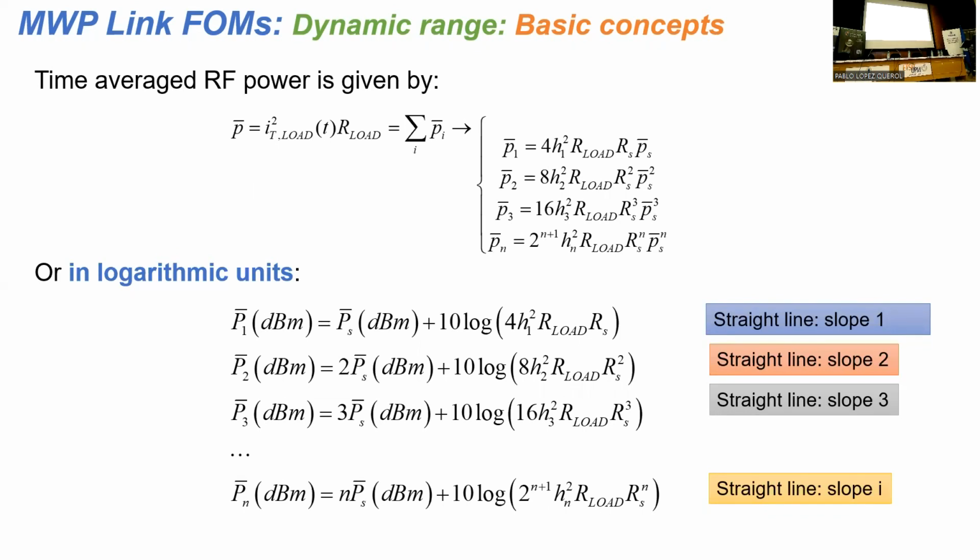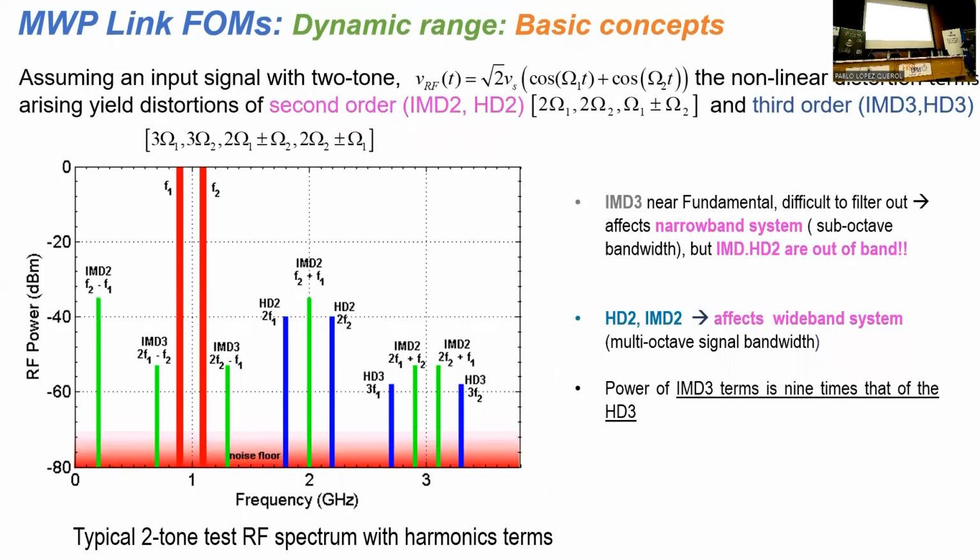But if you express that in logarithmic units, you end up with equations of straight lines, where the independent variable is the RF source power and the dependent variable is the output power of each of these harmonics. You see that these are all straight lines, but the slope is increasing by 1 unit. And this is what we use to represent.